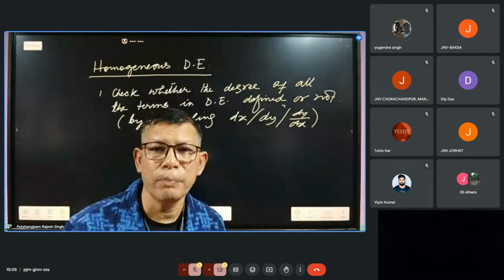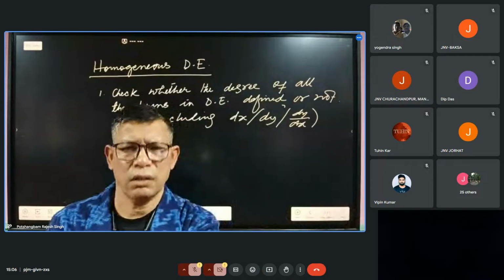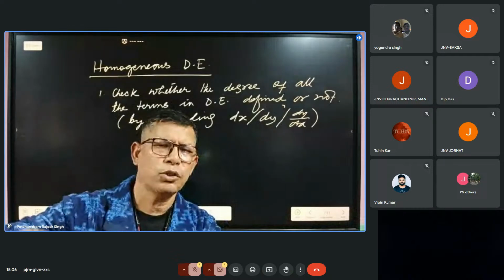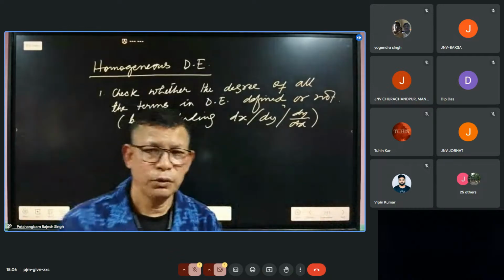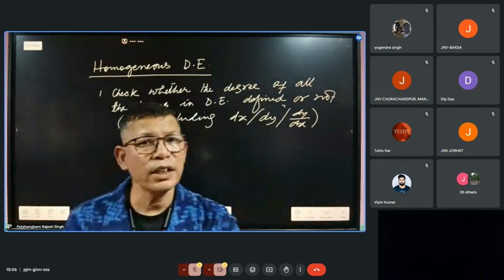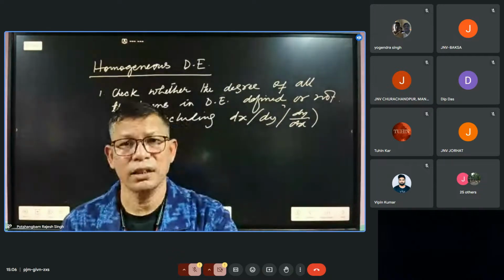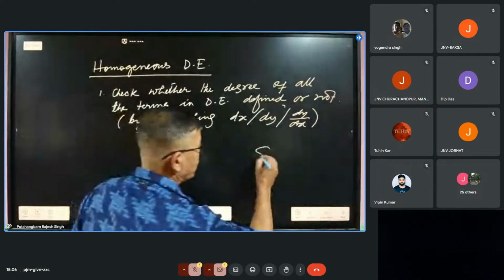Some terms are remaining here, and you should check whether the terms in the differential equation, after excluding dx or dy by dx, have their degrees defined or not. We know that if any variable is under a function, that variable does not define the degree. For example, say sin x.